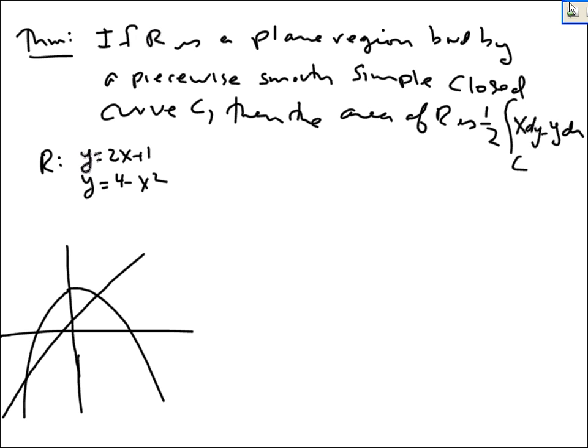And if you set the y's equal to one another, you'd find out that x was 1 here, so y is 3, and down here x is negative 3, so y is negative 5. You would find that.